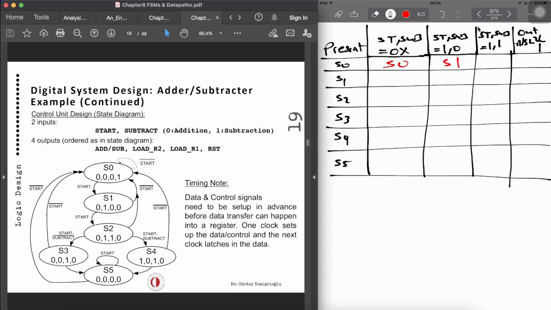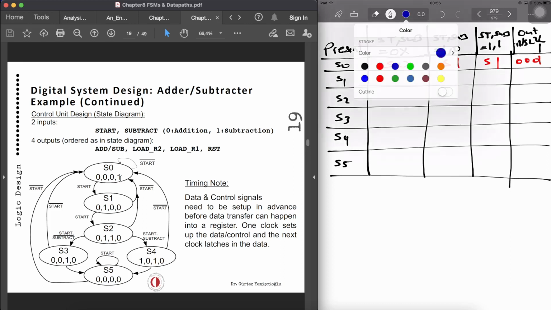And when start is 1 and subtract is 1, again it's S1. And the output pattern, based on this, is going to be 0, 0, 0, 1. So the first line, done.